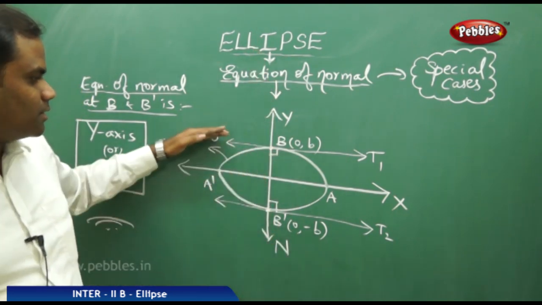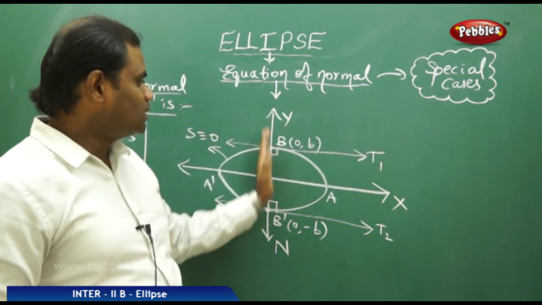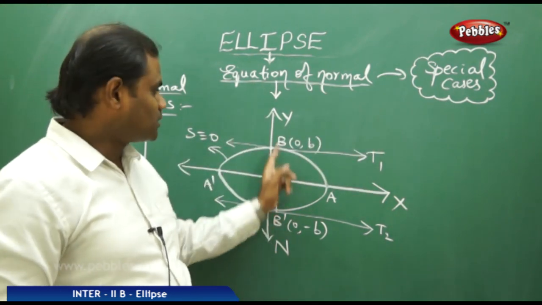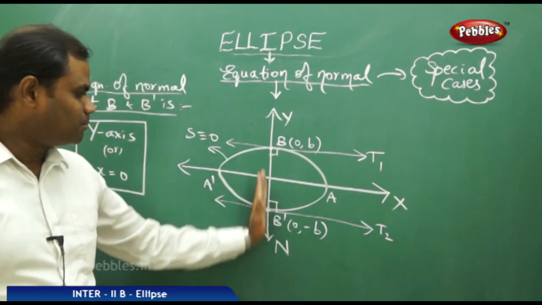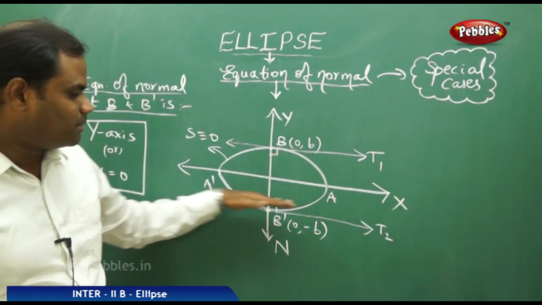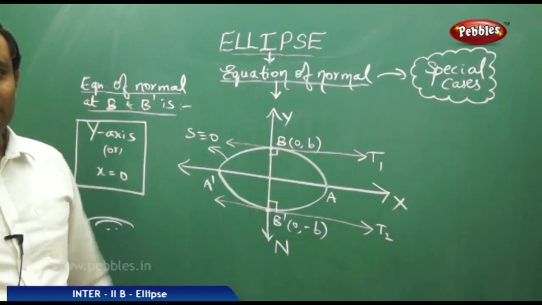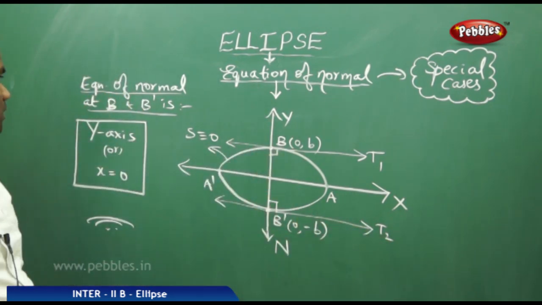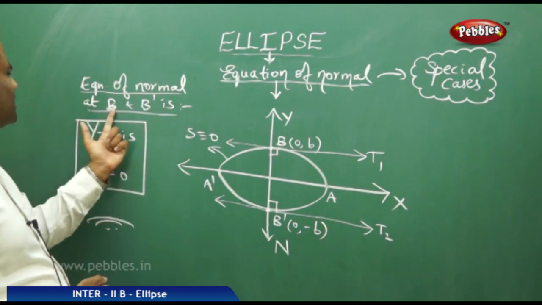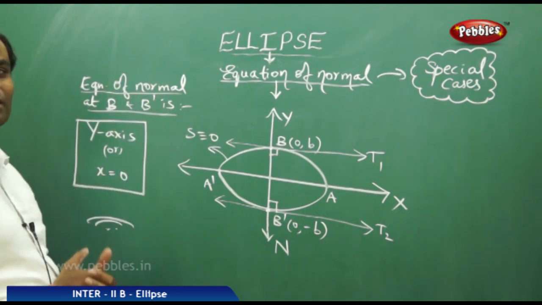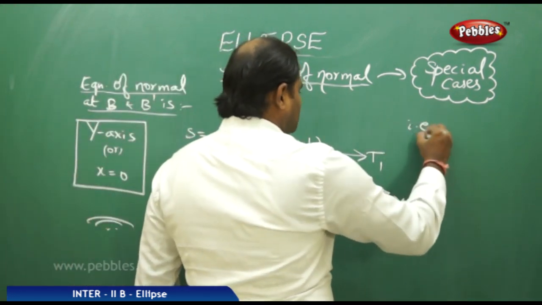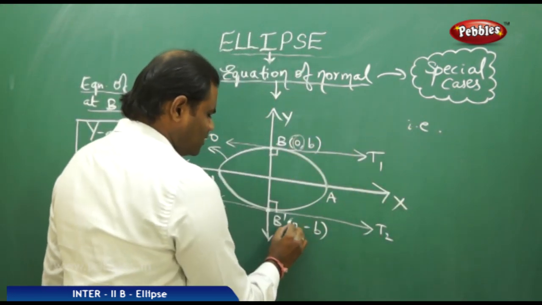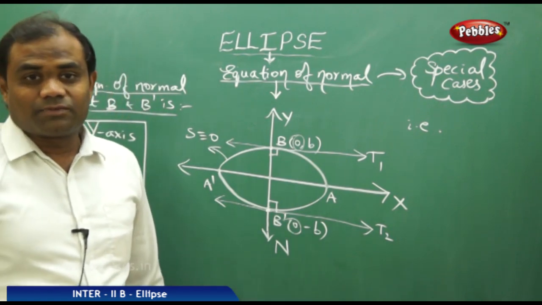As can be clearly seen, the tangent drawn is perpendicular to the line passing through B, which is nothing but the y-axis. Similar is the case with B dash, where the line passing through B dash and perpendicular to the tangent is the normal. So the equation of normal at B and B dash is the y-axis, or x = 0. That is, whenever I have the x coordinate as 0, I get my normal as the y-axis.